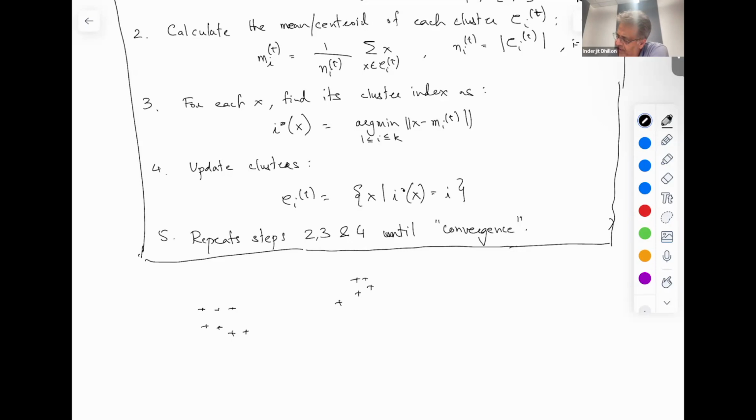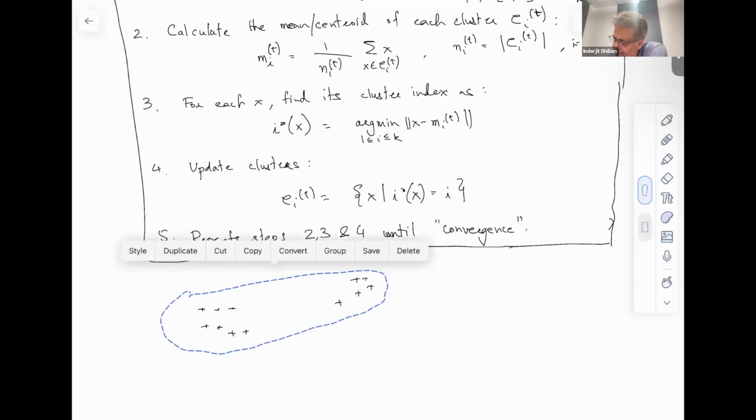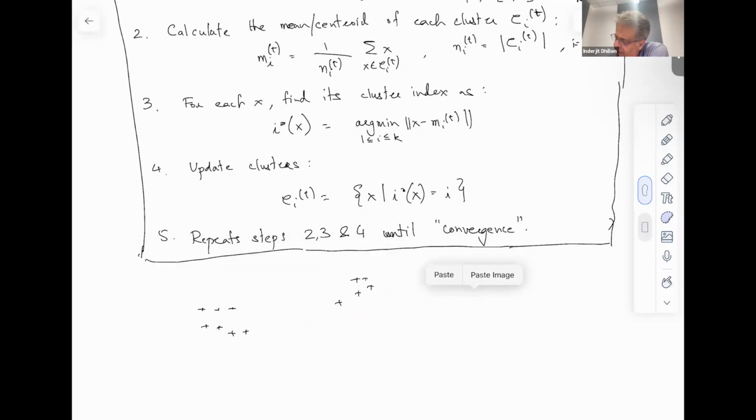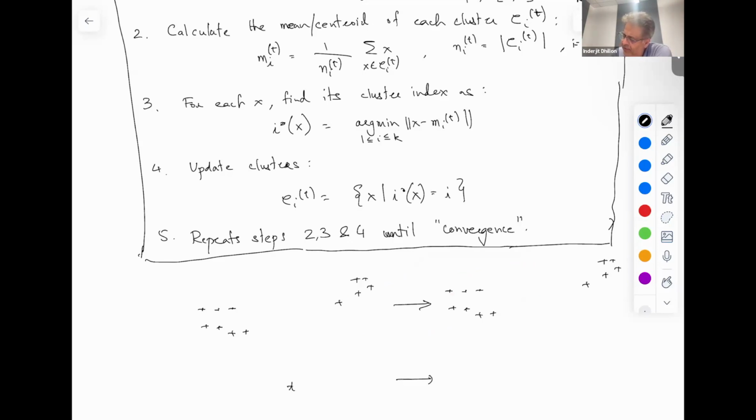So at iteration t, and we'll see what happens at iteration t plus 1, suppose that my clustering was this.